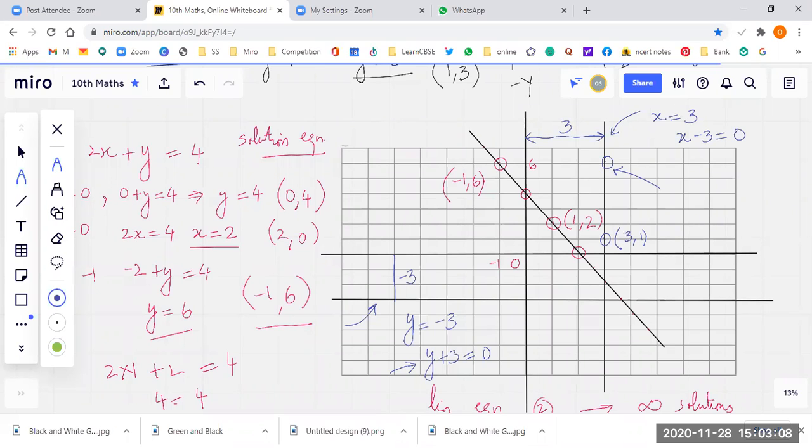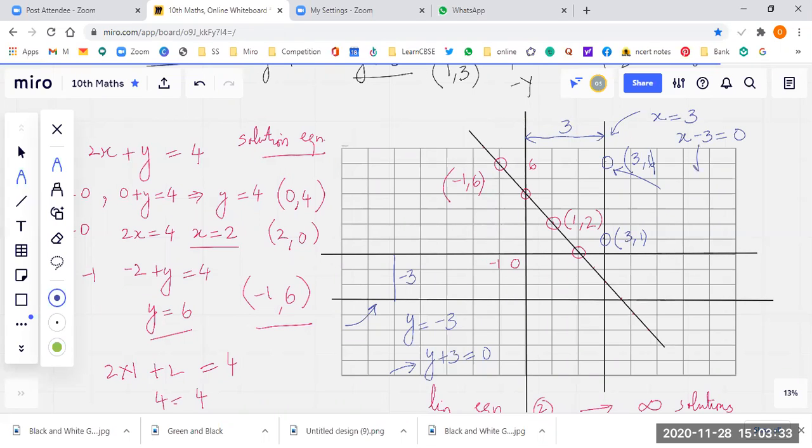What is this point? (3, 6). Now, do these two points satisfy this equation? Put 3 minus 6. How will you put it? We'll put 3. Where will you put 6? So, this is the point.